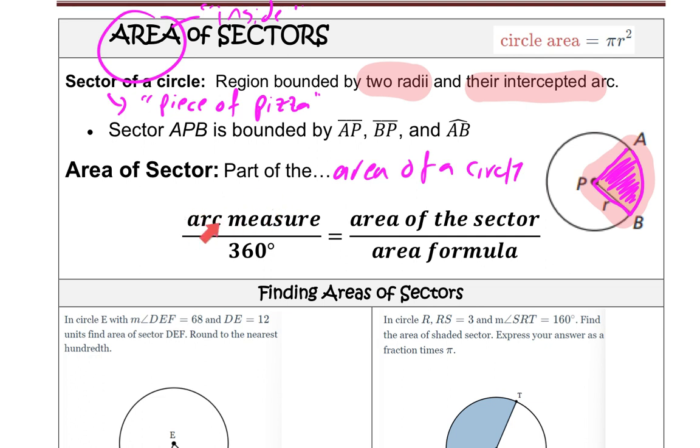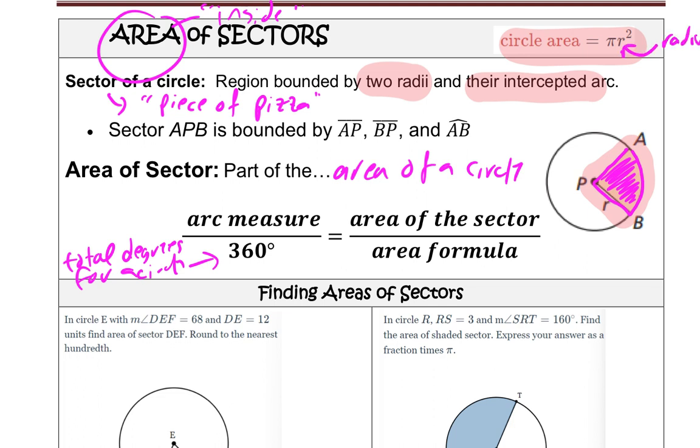So the amount of the arc measure over 360 degrees, which is the total degrees for a circle, equals the area of the sector, which is what we're going to find, over the area formula. The area formula for a circle is pi r squared, where r is the radius.